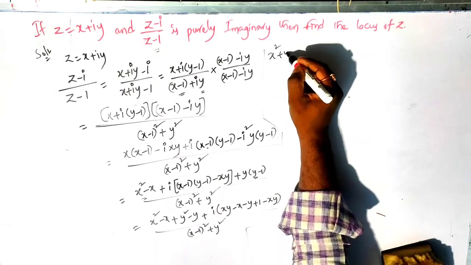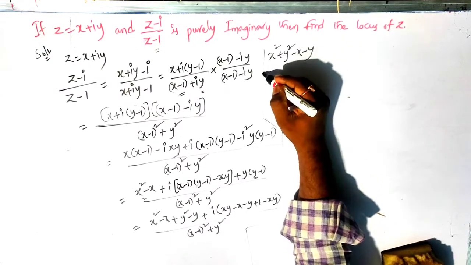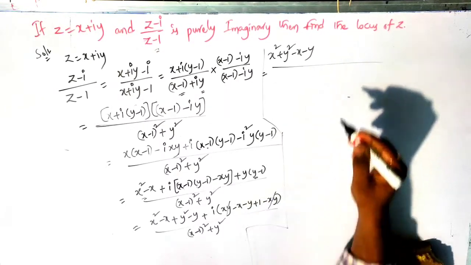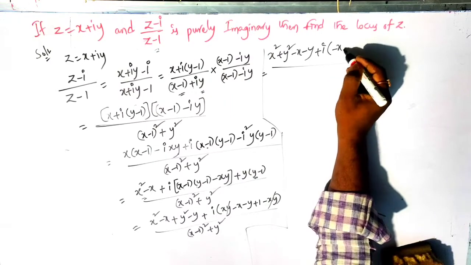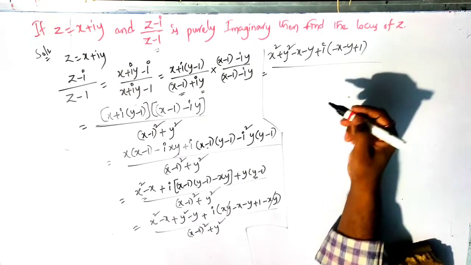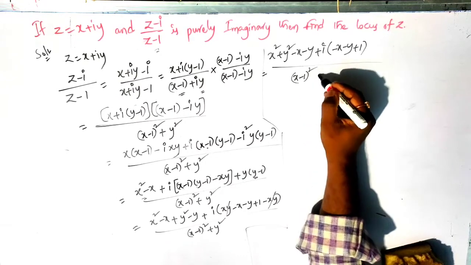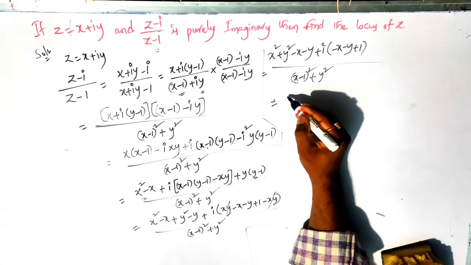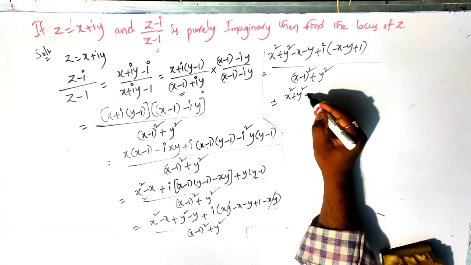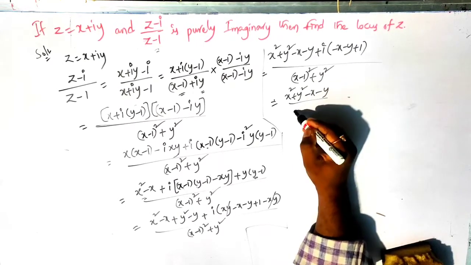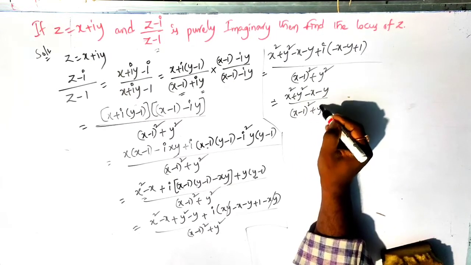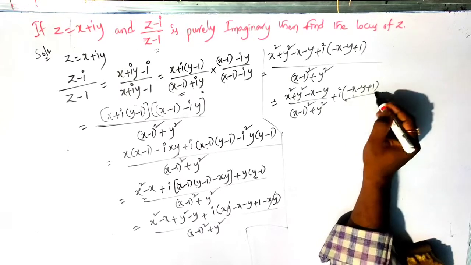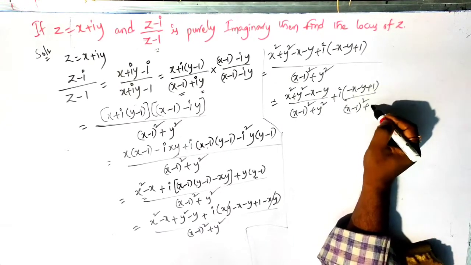So x square minus x plus y square minus y is the real part, and only the imaginary part is this one: xy minus x minus y plus 1 minus xy. The xy terms cancel. We write the real part and imaginary part separately: x square plus y square minus x minus y by x minus 1 whole square plus y square, plus i of minus x minus y plus 1 by x minus 1 whole square plus y square.